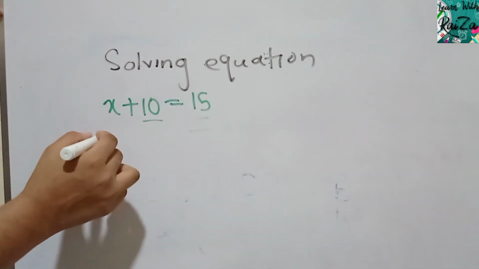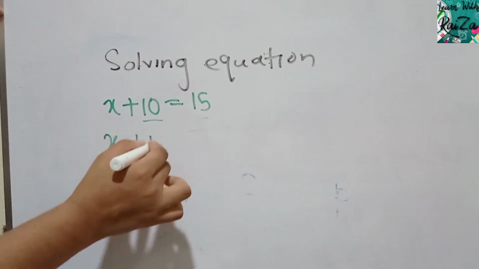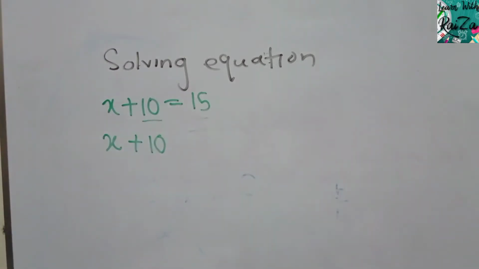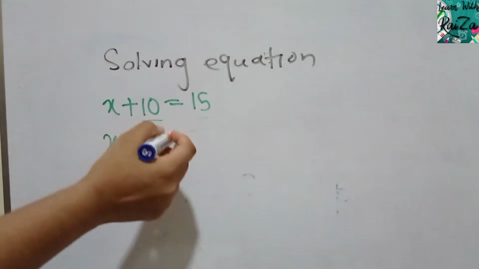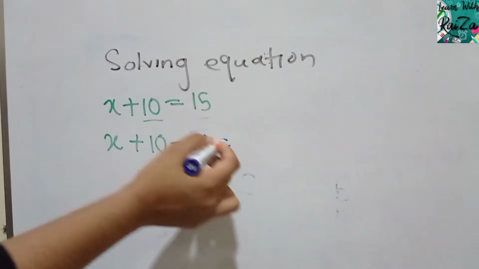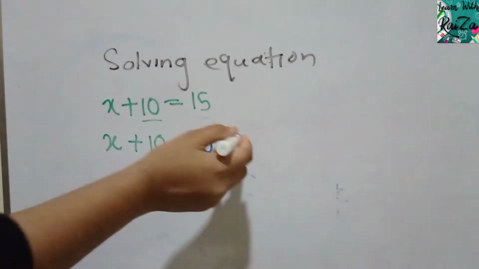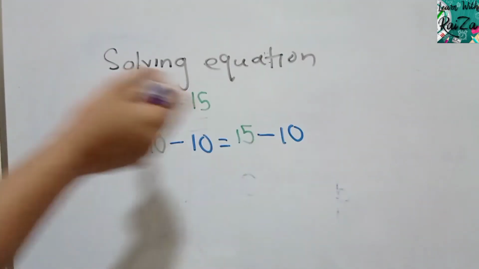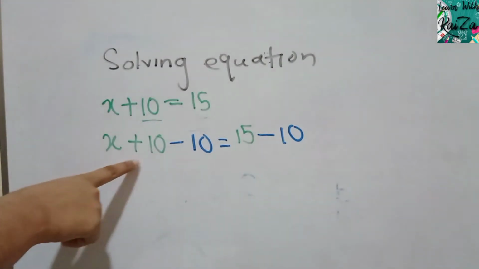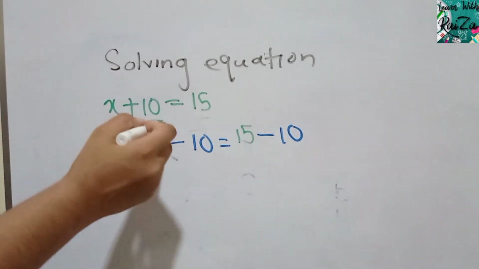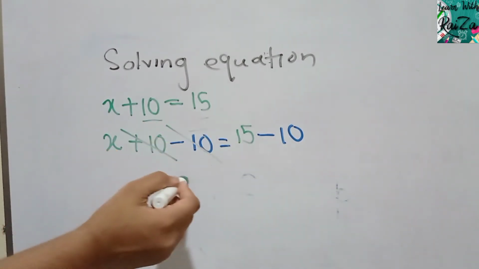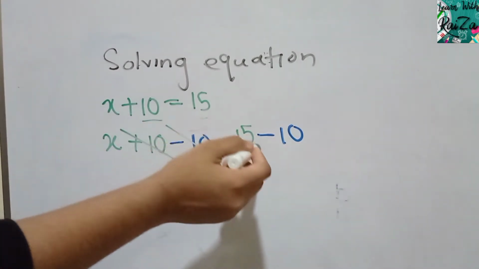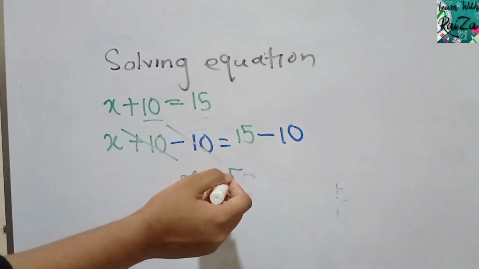To remove the plus 10, you have to do a simple thing: subtract 10 from both sides. You have to subtract 10 from both the left hand side and the right hand side of the equation. Now plus 10 and minus 10 get cancelled, and x becomes isolated. 50 minus 10, that is 40.